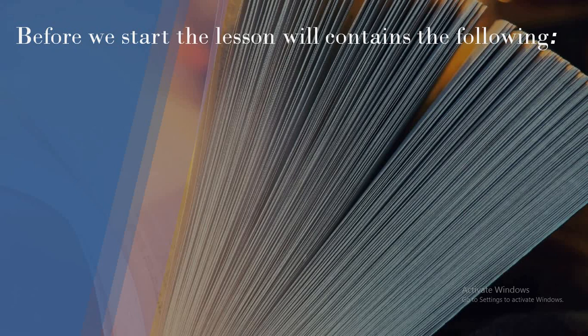Before we start, the lesson will contain the following. As always, we start our lessons with vocabulary. In today's lesson, we are going to see vocabulary about places and signs.